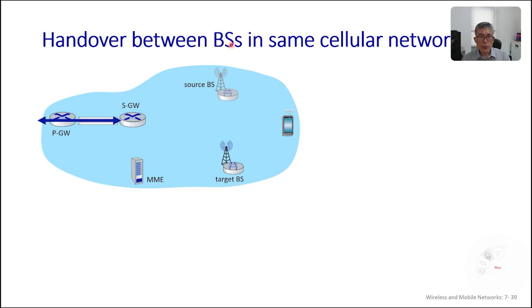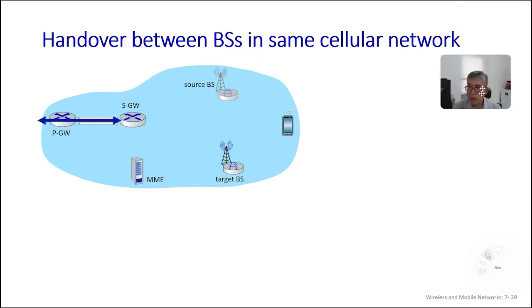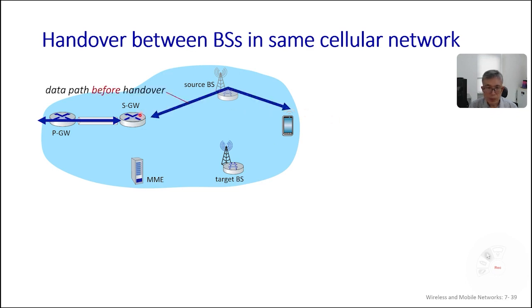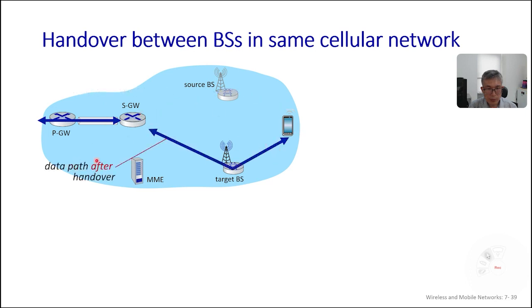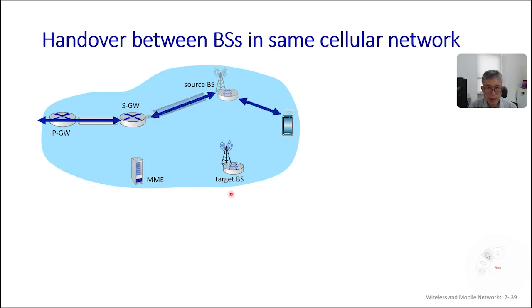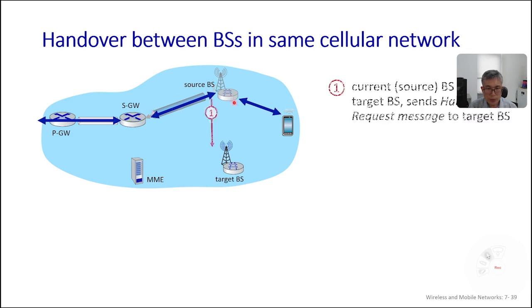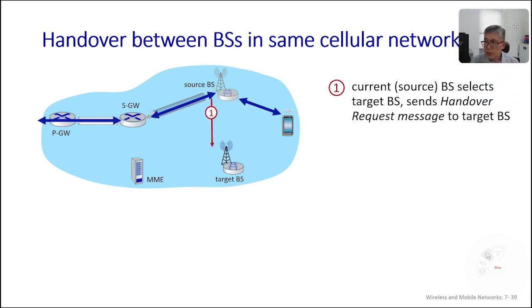Handover between base stations in the same cellular network. This is the data path before handover, and after handover the data path changes.